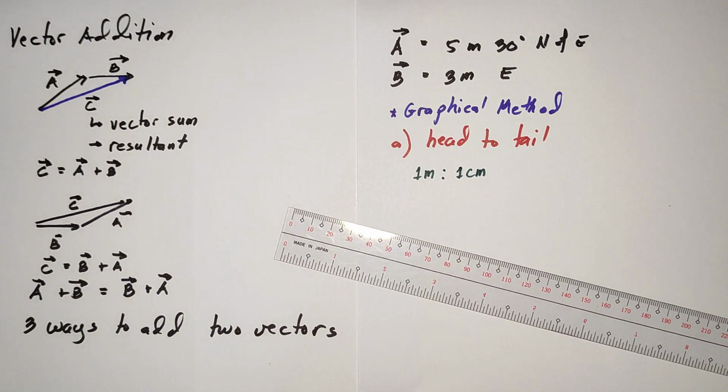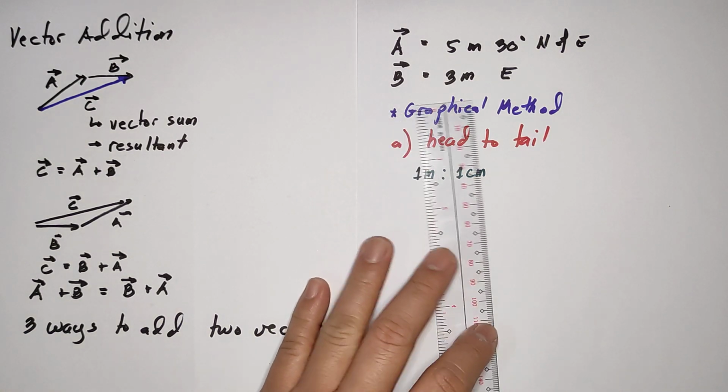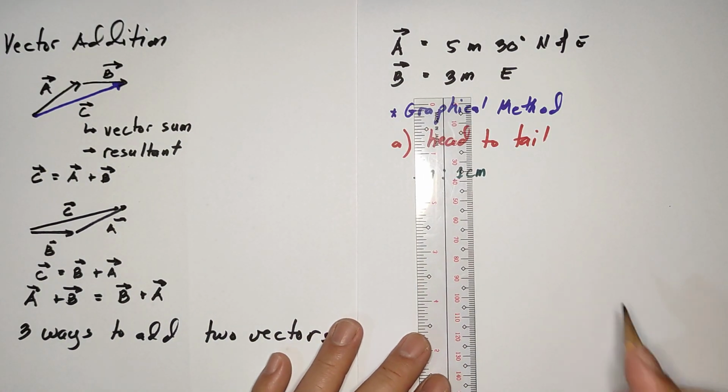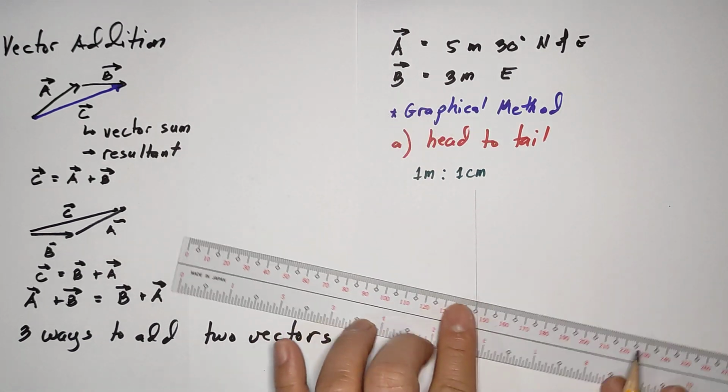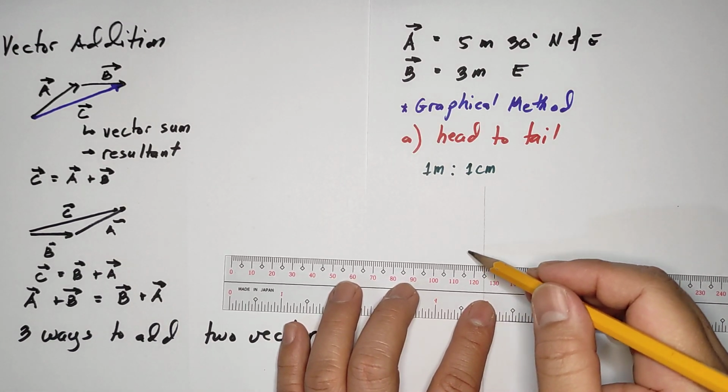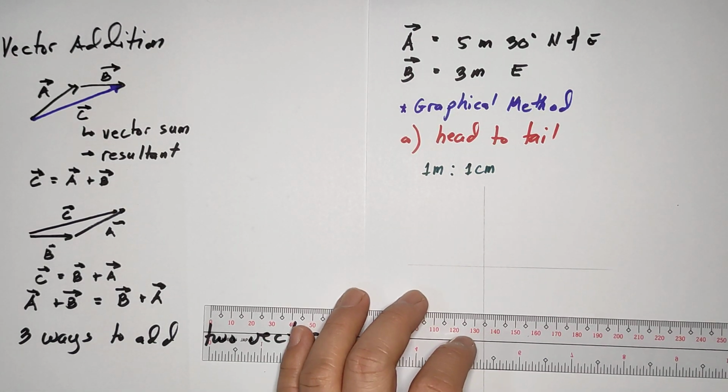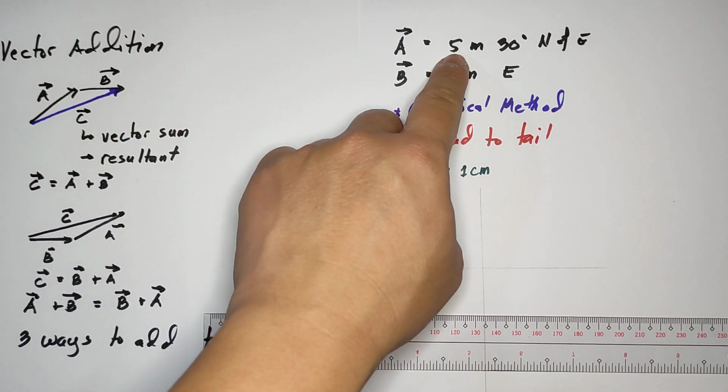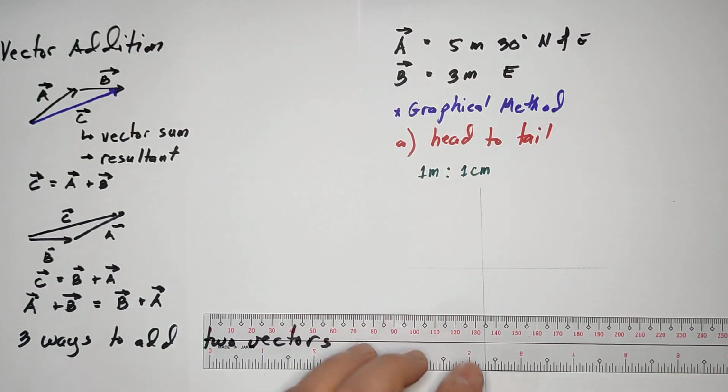Okay, so that's my scale. Now I would draw a Cartesian plane, X and Y. Then A is 5 meters 30 north of east.